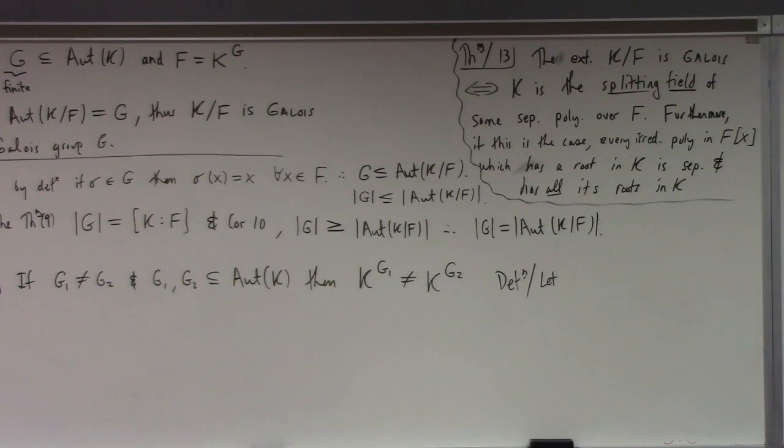I think this is what we're trying to prove, right? I mean, this is bad. I shouldn't even write this here, right? This is what we're trying to prove. We've assumed that the extension's Galois. We're trying to prove that an irreducible polynomial splits completely.